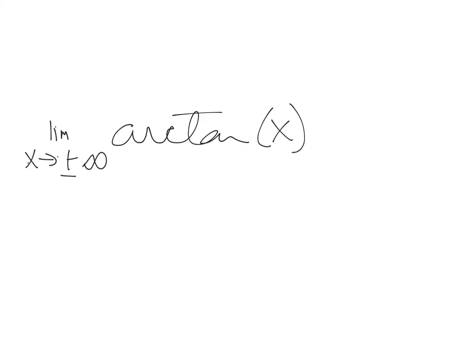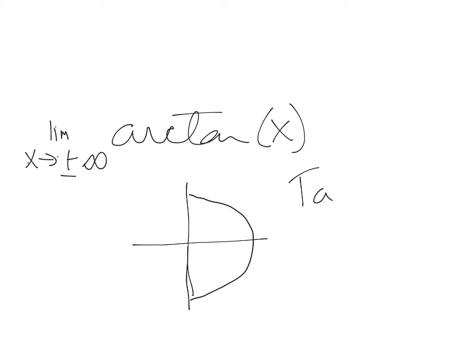Okay, then we come to the arctan function. Well, if you remember, let's do a little pre-calc here. Arctan tells me what the angle is when I know the value. Back when we did derivatives of inverse trig functions is where we talked about this.